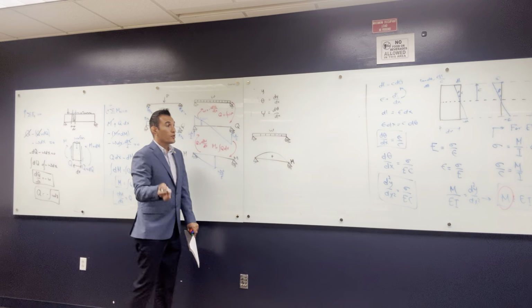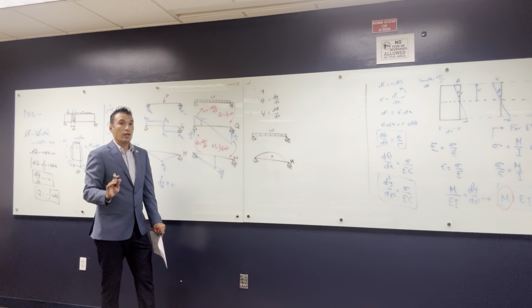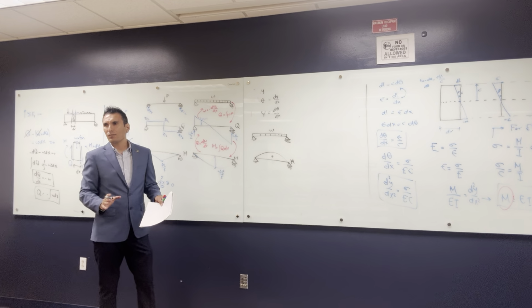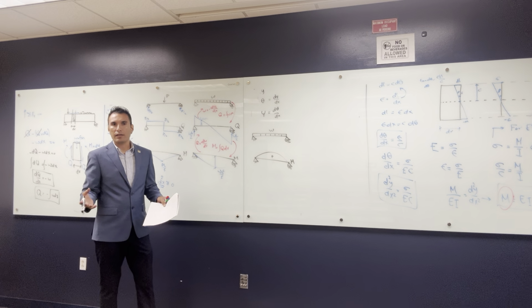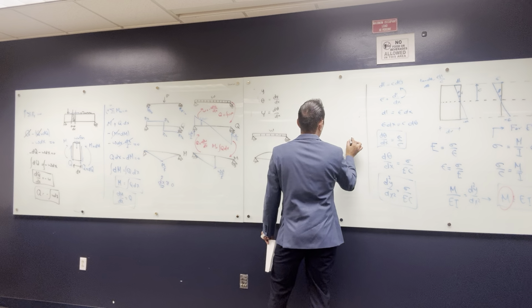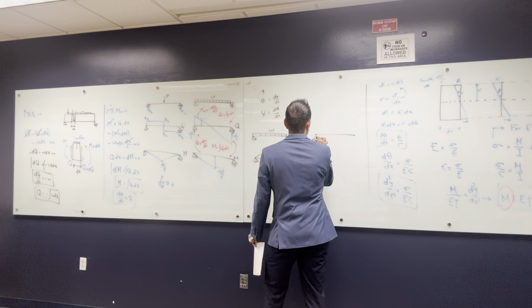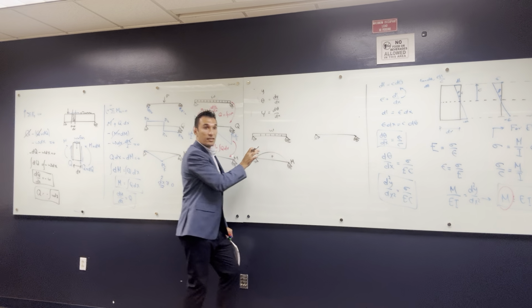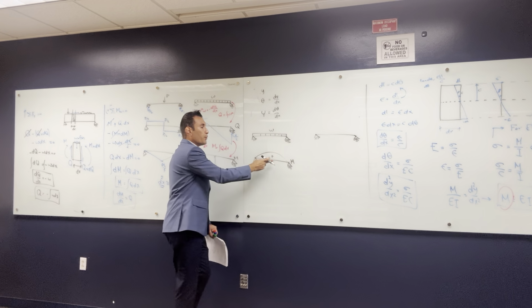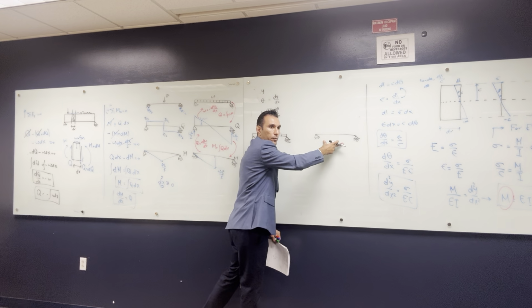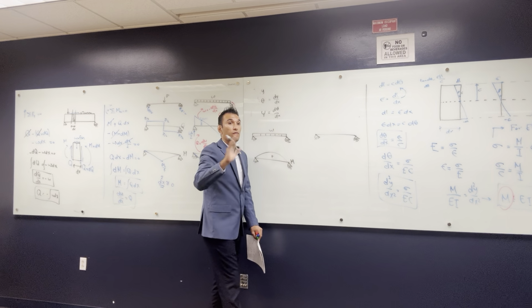So the conjugate beam, conjugate means similar, like brothers and sisters. So the conjugate of this beam is that you put this bending moment as a load on a virtual beam, not a real beam, virtually.